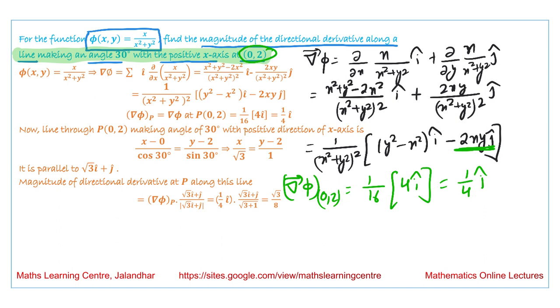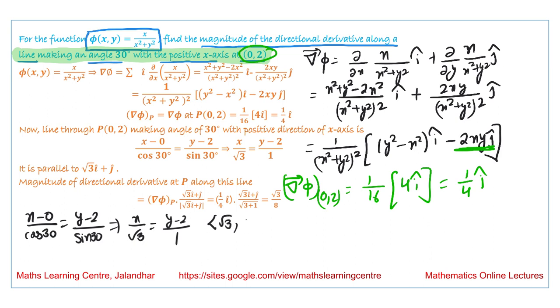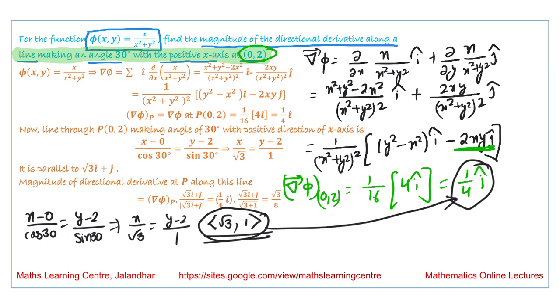The equation of that line will be x minus 0 over cos 30 equal to y minus 2 over sin 30. This implies x over root 3 is equal to y minus 2 over 1. So this line is parallel to the line whose direction ratios are root 3, 1. This is the value of the gradient at this point. We want to find the projection of this gradient along this direction.